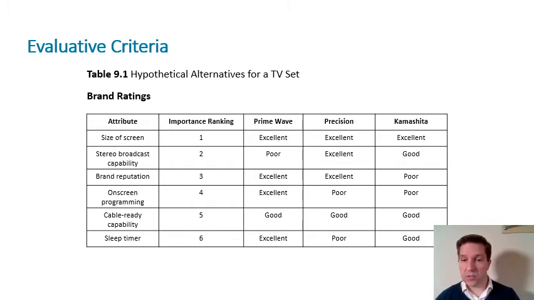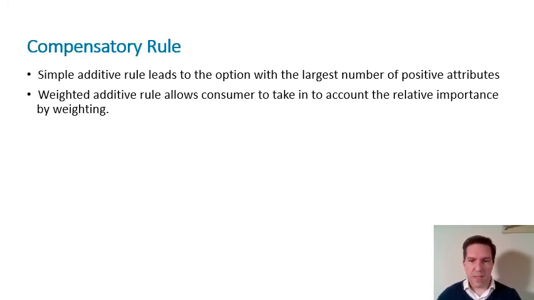And then what we're going to do is look at the ratings. Now, there are different evaluation criteria, or ways of combining all this information to make a decision, and different people are going to make these decisions differently. So let me walk you through the basic ones. The first one is a compensatory rule. A compensatory rule assumes that you can make up for one attribute with another.